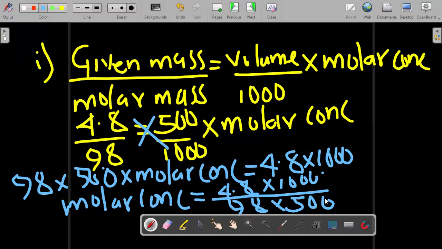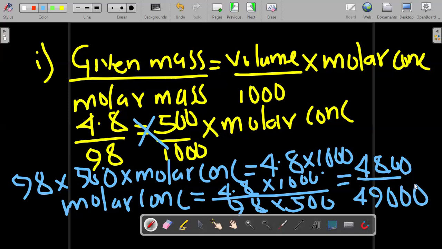Multiply the up and tell me what you have. 4.8 times 1000 gives 4,800. Then 500 times 98 gives 49,000. Don't multiply and divide at once. I will now press 4,800 divided by 49,000.